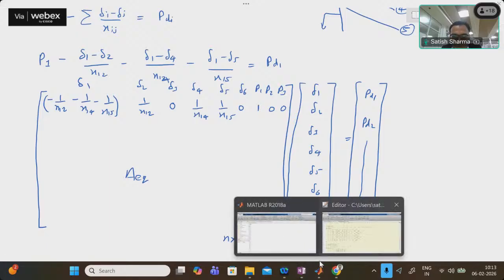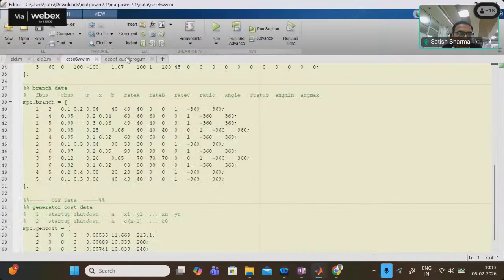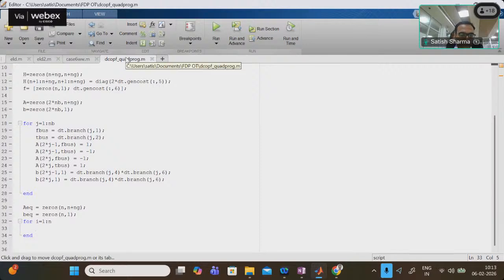Now let's try to fill those parts in our formulation. For the first bus, I have to first of all identify what are the different nodes it is connected to. So I have to first find out where the 1 is available, what are the different connections to node 1.